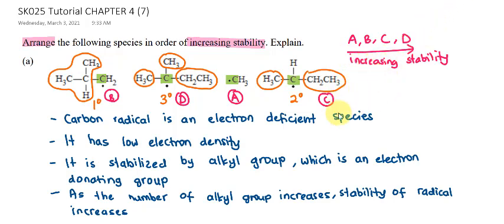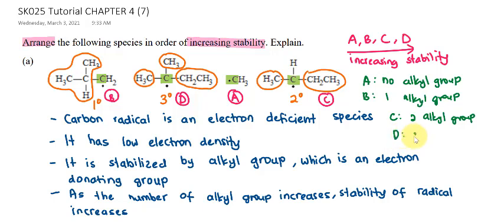Also in your answer, state how many alkyl groups are attached to each structure. So A, we have no alkyl group. For structure B, we have one alkyl group. C, we have two alkyl groups. And D, we have three alkyl groups. That's why D will have the highest stability compared to C, B, and A, because as the number of alkyl groups increases, the stability of the radical will also increase.